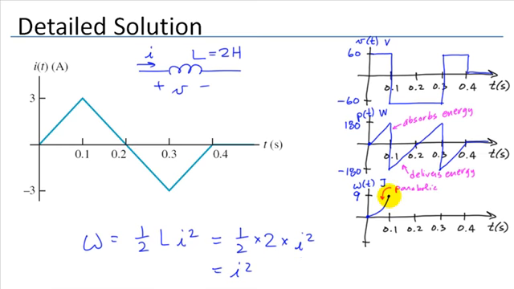And in a similar way we have a parabolic section declining back towards 0. Now during this section it's increasing again, but we're squaring the current, so that means that the negative value gets flipped positive again. And we decline back towards 0 and stay at 0 for some time.